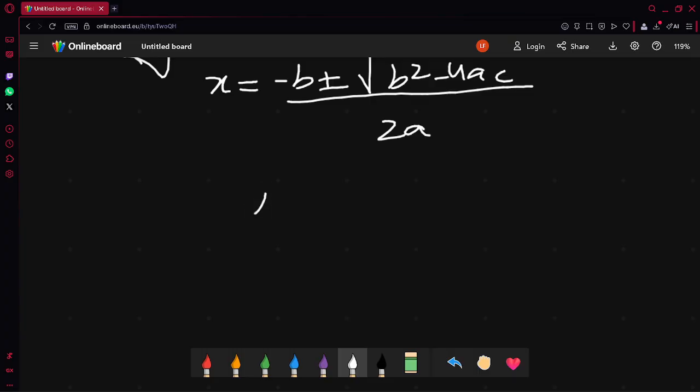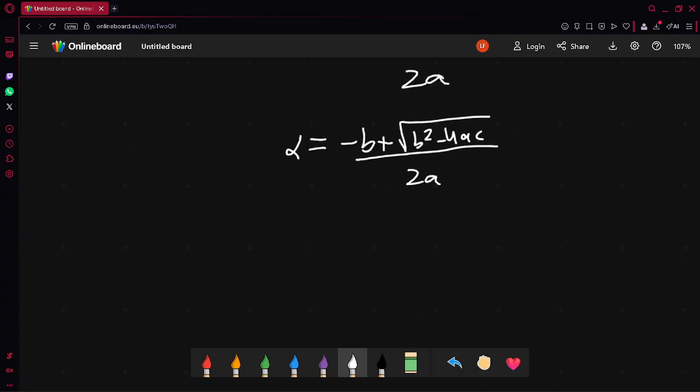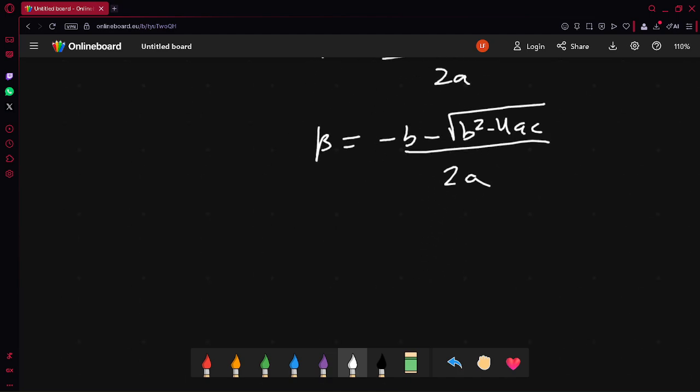So we'll let one of these equal alpha, let's say plus. It doesn't matter which one you choose. And the other one, beta, let's say it equals -b minus the square root of b squared minus 4ac over 2a. Now, we need to prove that alpha plus beta equals -b over a.